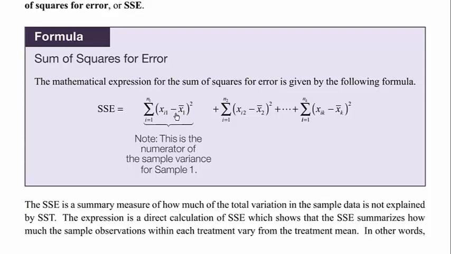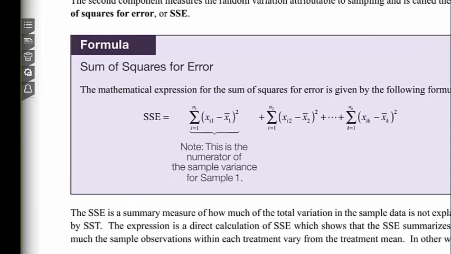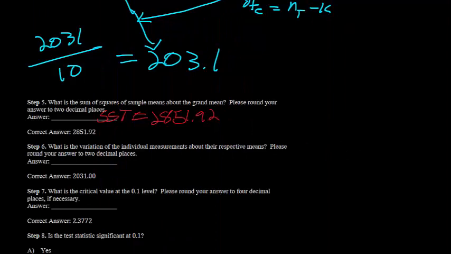The difference between this individual observation and the mean for that particular sample, for each particular sample, and so on. That's what the question is asking you.